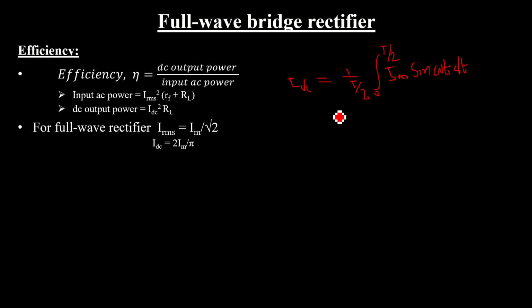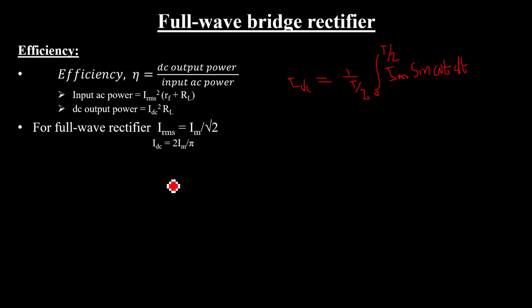Now for IRMS also we have to use the same formula. Here IRMS is equal to, the period is again 1 by T by 2, so it is 1 by T by 2 in the integral from 0 to T by 2 of Im sin omega t whole square dt.